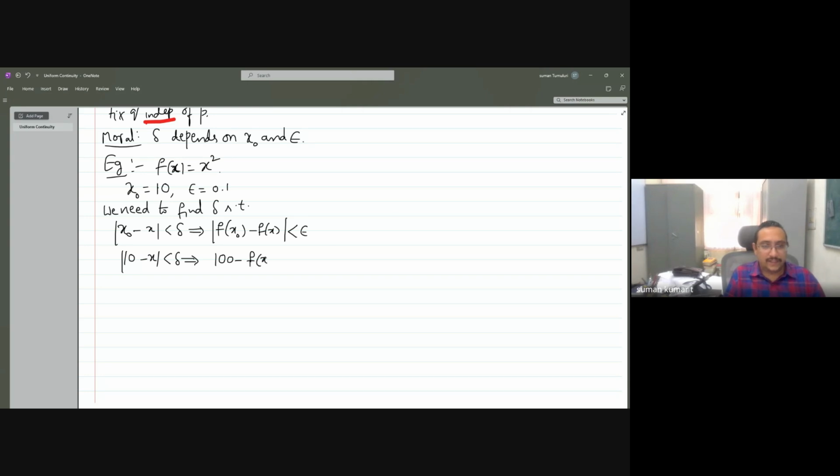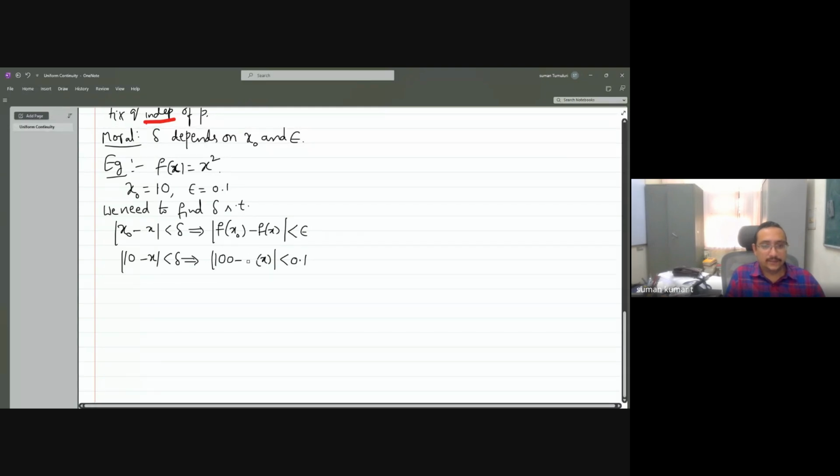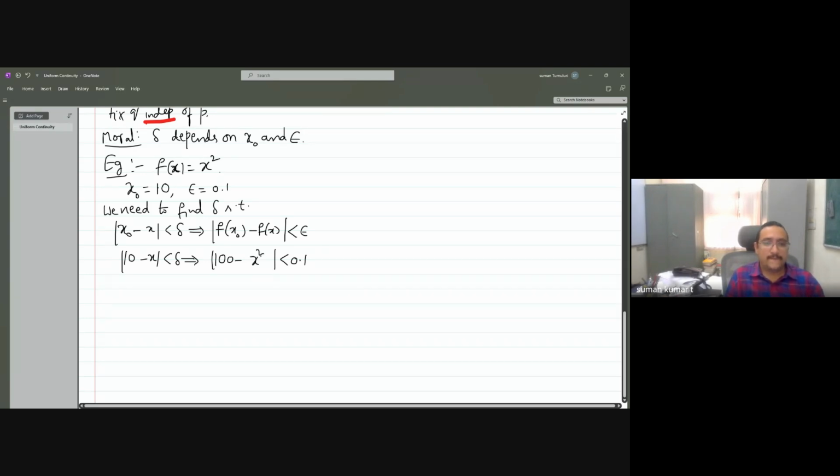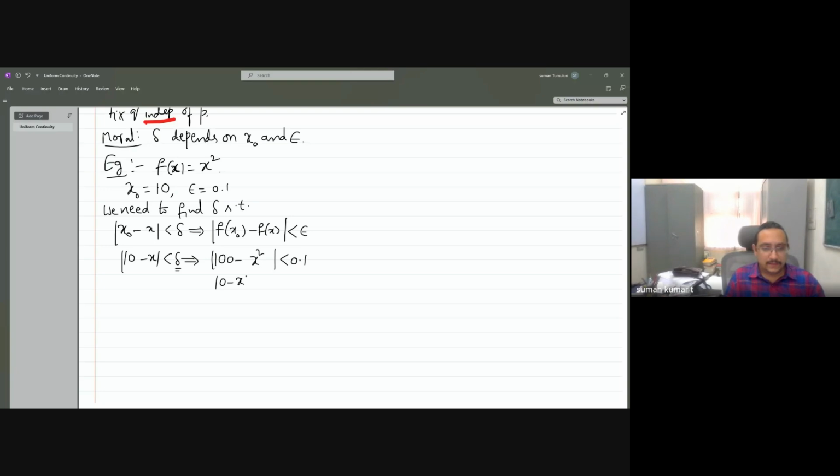So what we want is to find delta such that 10 minus x into 10 plus x is less than 0.1.